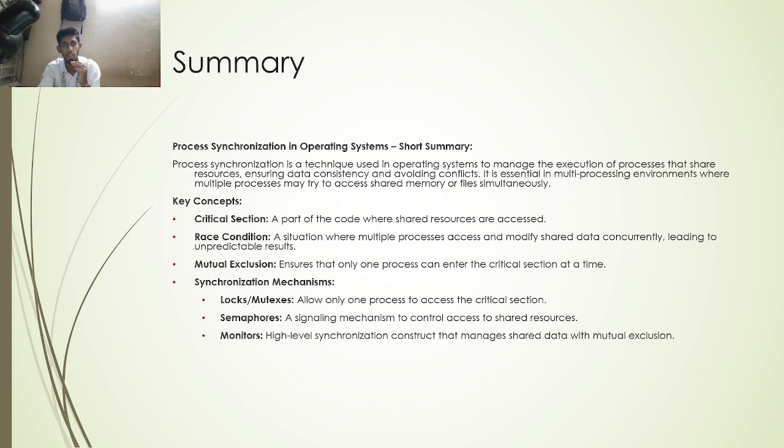That means only one process can go at a time, not more than one process in the CPU at a time. Synchronization mechanism: locks and mutexes allow only one process to access the critical section.